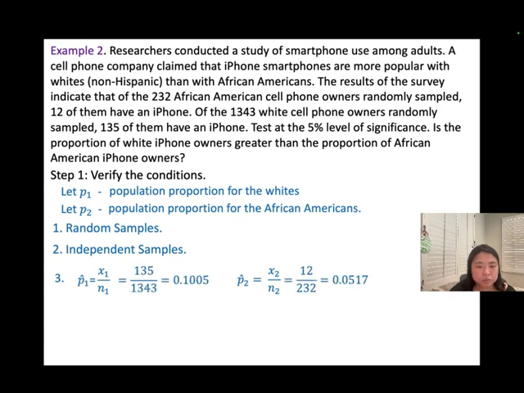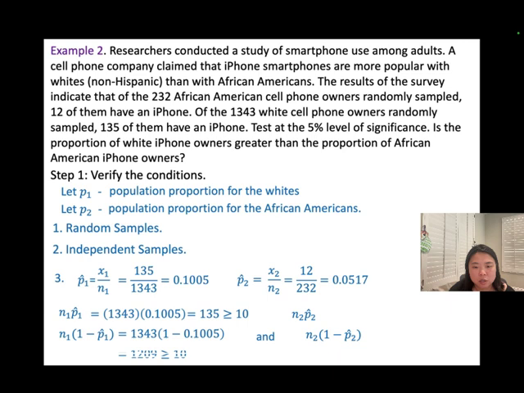Check your work. Okay, check this part also. We do have at least 10 successes and 10 failures.